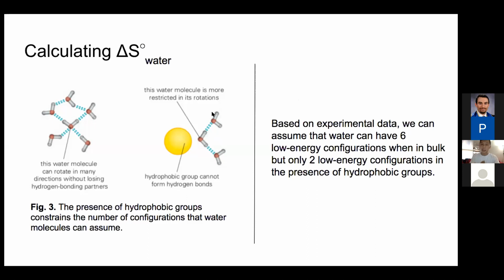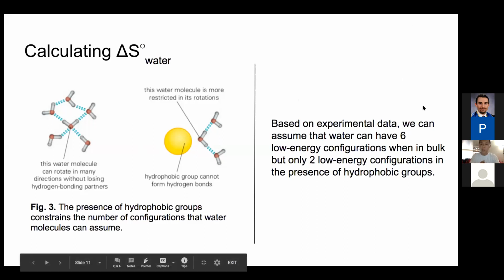But if I stick in a hydrophobic group, that severely limits, or as the professor uses the term, freezes or rigidifies, the number of orientations that a water molecule can have in order to have hydrogen bonding. So the introduction of a hydrophobic group limits the number of ways hydrogen bonds can be formed.